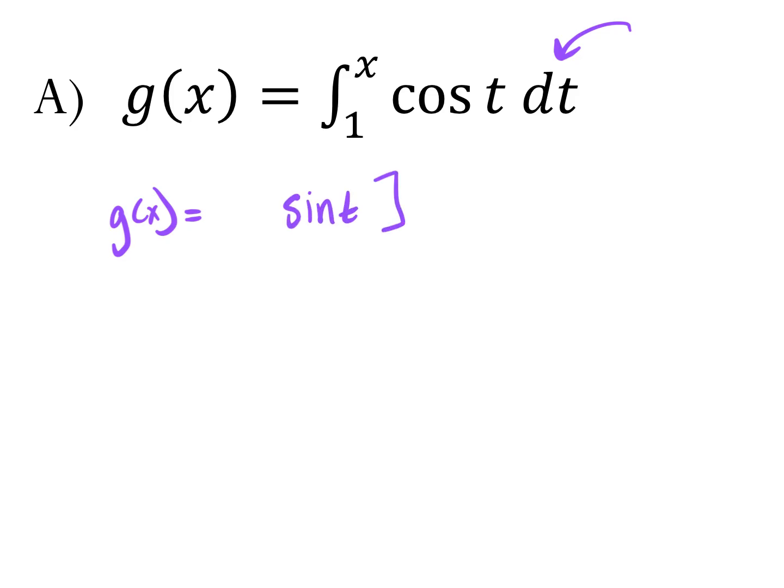And if I'm integrating that from 1 to x, even though my original expression is integrating with respect to t, because my bounds have an x in it, the result is going to be a function of x.